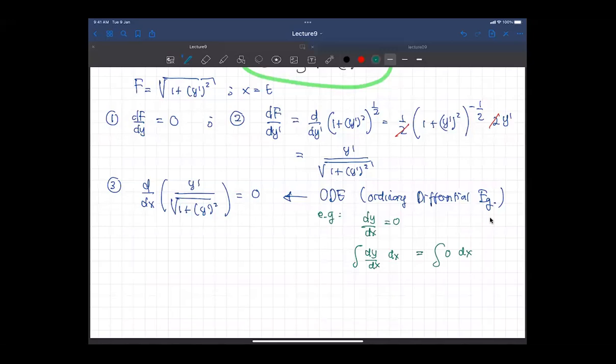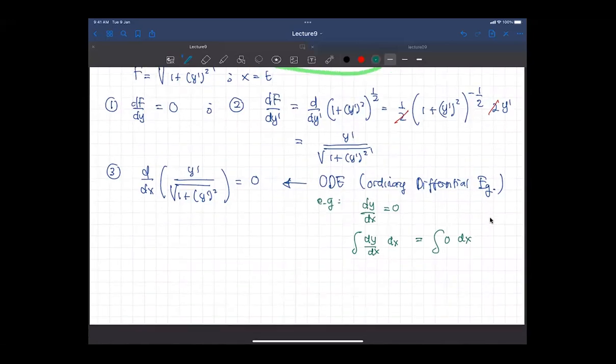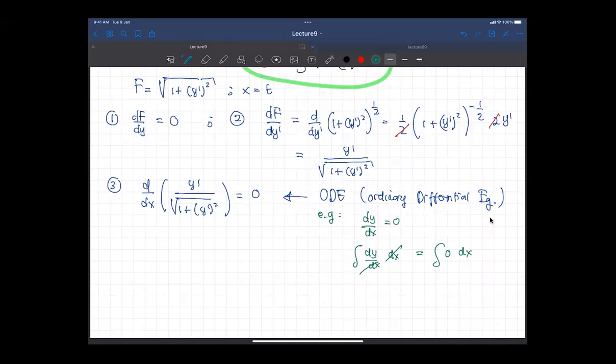Correct? Anyone disagree with this? So on the left, give you what? This is cancelled, right? Integral of dy give you equal to y.